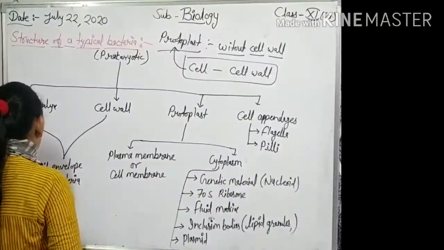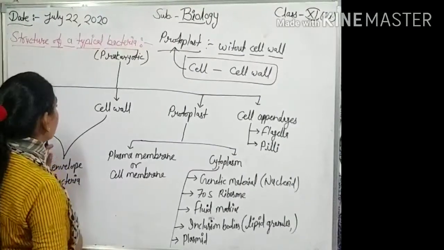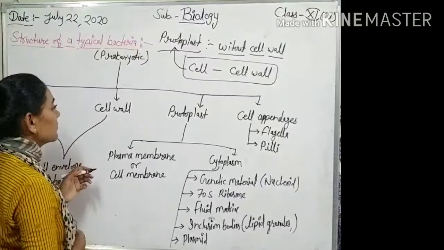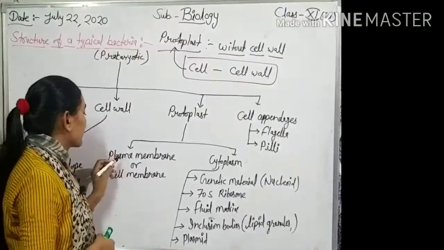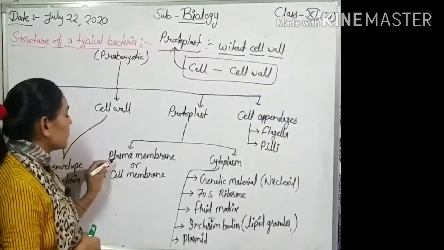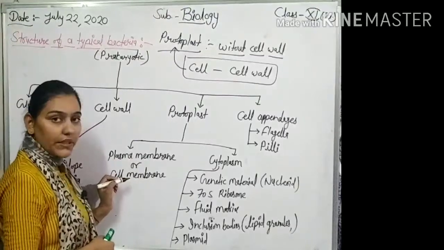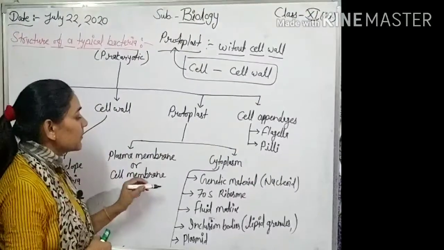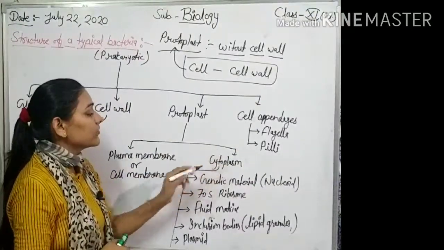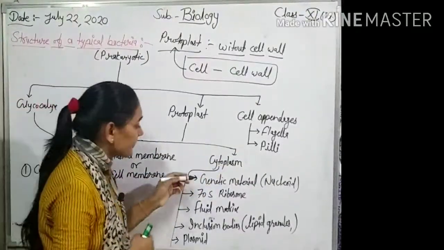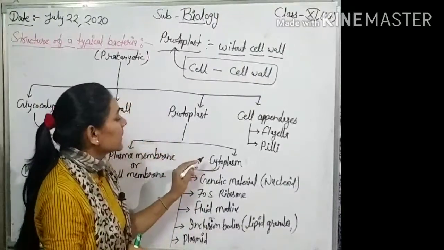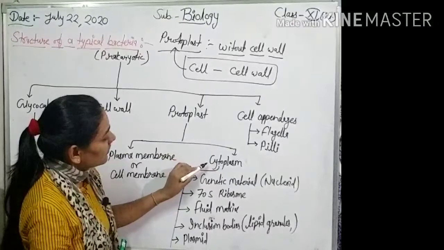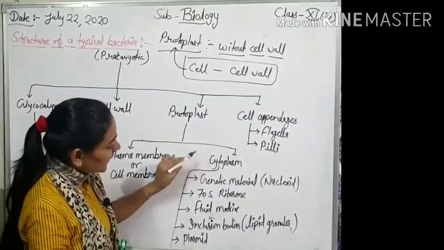So cell envelope is made up from glycocalyx and cell wall. Inside the cell wall, plasma membrane or cell membrane is found, and inside the plasma membrane, the fluid matrix, which is the main arena of the cell, is known as cytoplasm.